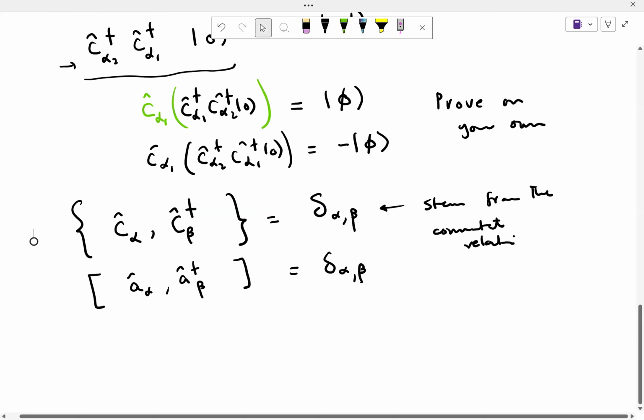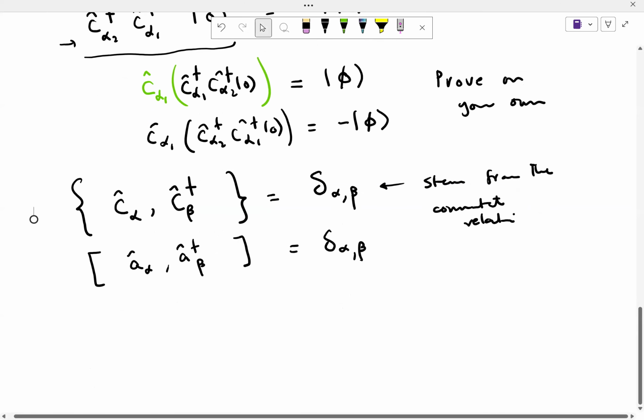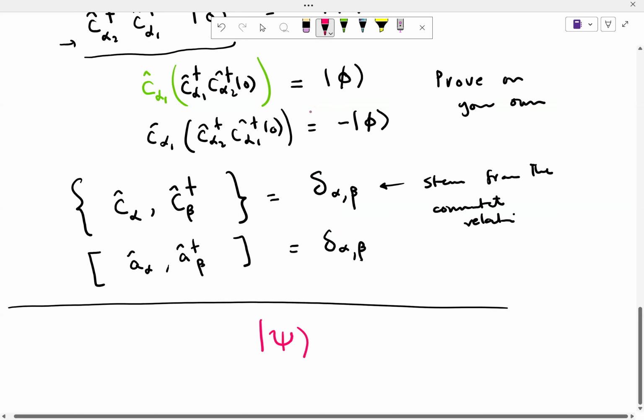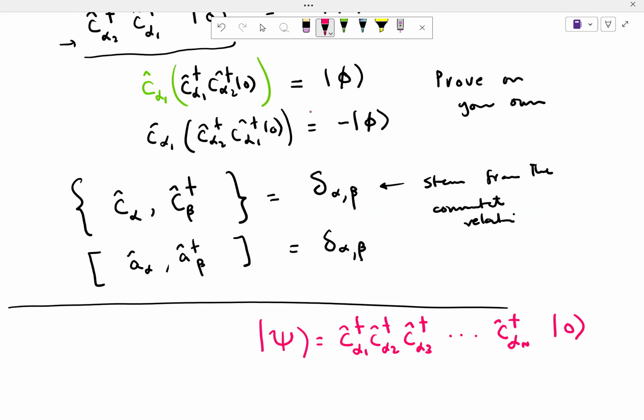So everything is quite evident here. Just to give you an example, suppose I have an n particle state psi, which is formed by the creation operators acting on the vacuum state, so I'm creating one particle in each of the n quantum states.